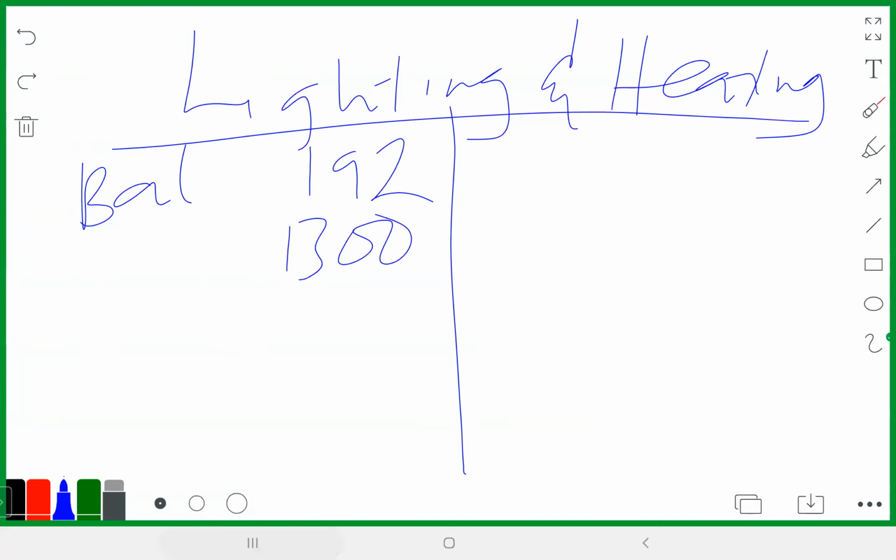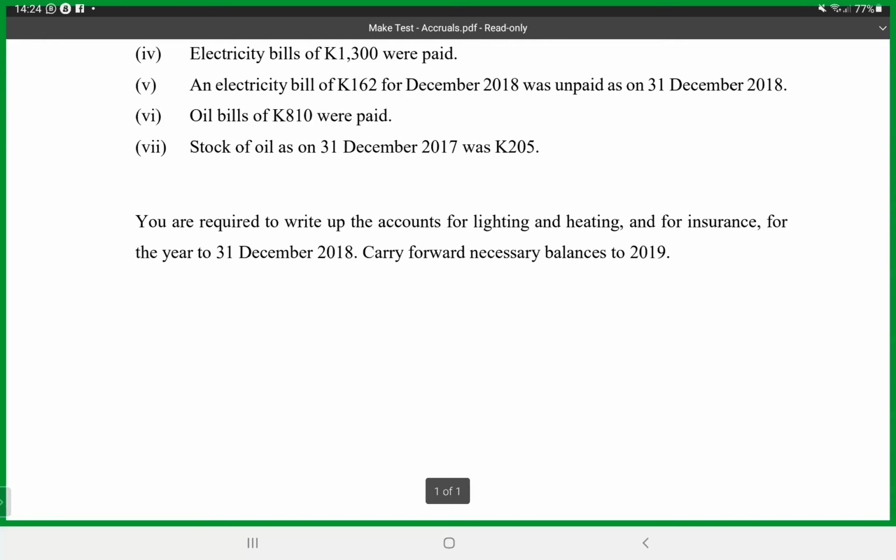And then we are told that there was also an electric bill of 162 for December 2018 that was unpaid. These are accrued. Now, the unpaid amounts are accrued expenses. So accrued expenses, they are also part of the expenses.